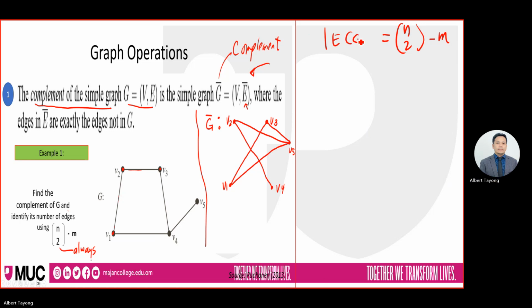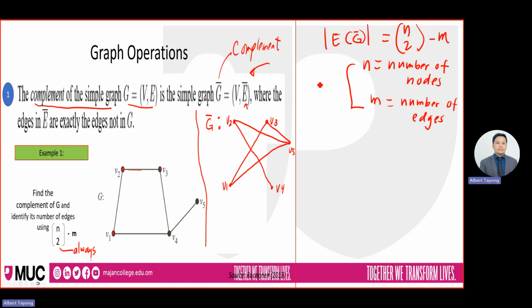These two lines here, left and right, mean the number of edges of G bar, G complement. So our n is the number of points or number of nodes, and m is the number of edges of the original graph. So please take note that this is using the original graph.